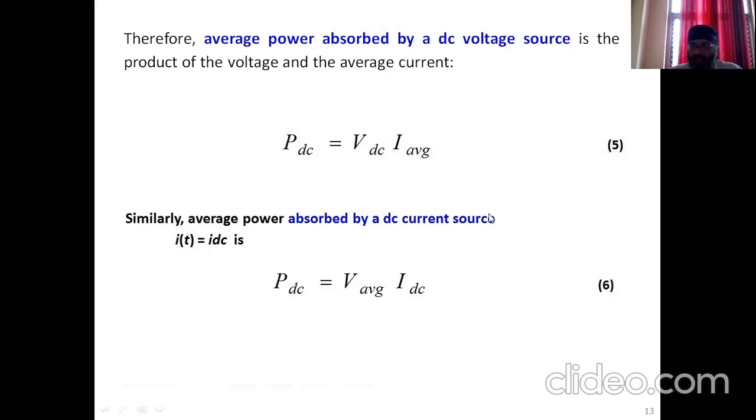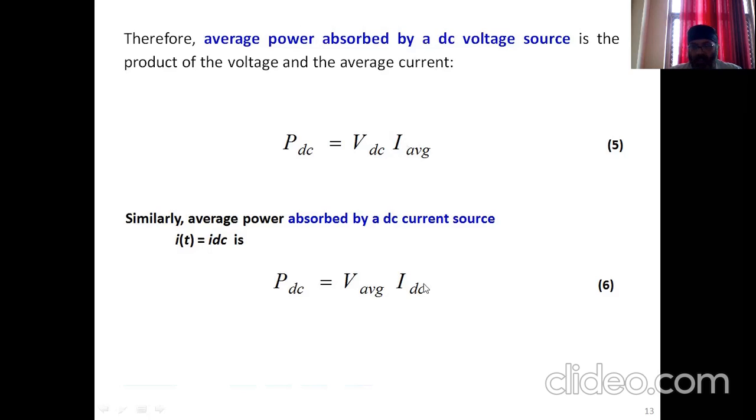Like a DC current source, this transistor circuit. A transistor can also be used as a current source. So this transistor current source can have a DC current, and then multiplied by the average value of the voltage, we get a DC power.